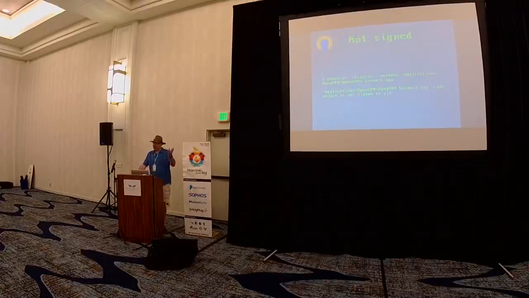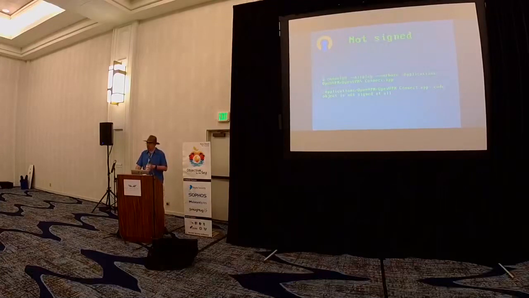So, for example, OpenVPN. This is a very popular VPN. I actually have this on my computer right now. It's the one that we use at Malwarebytes. And if you try and look at the code signature, it comes back, it's not signed. So the problem with that is, if I were to get access to a system with OpenVPN on it, I could modify OpenVPN and you would never know because there's no code signature.